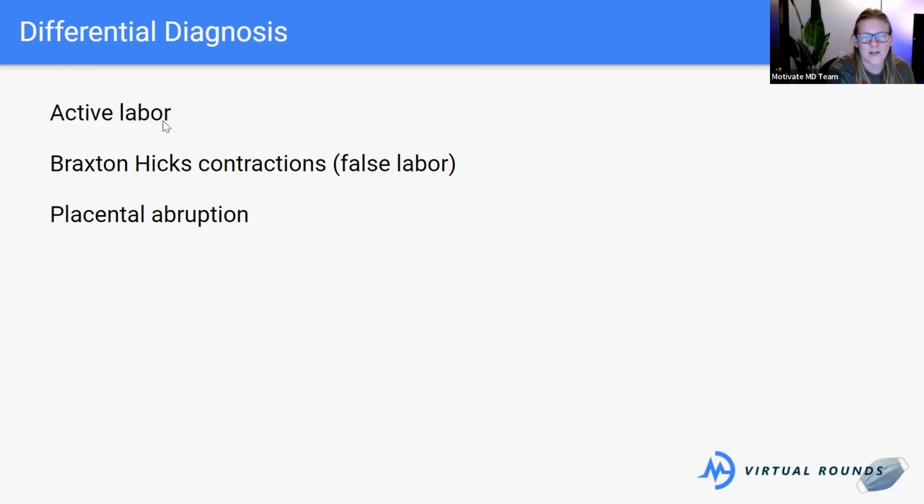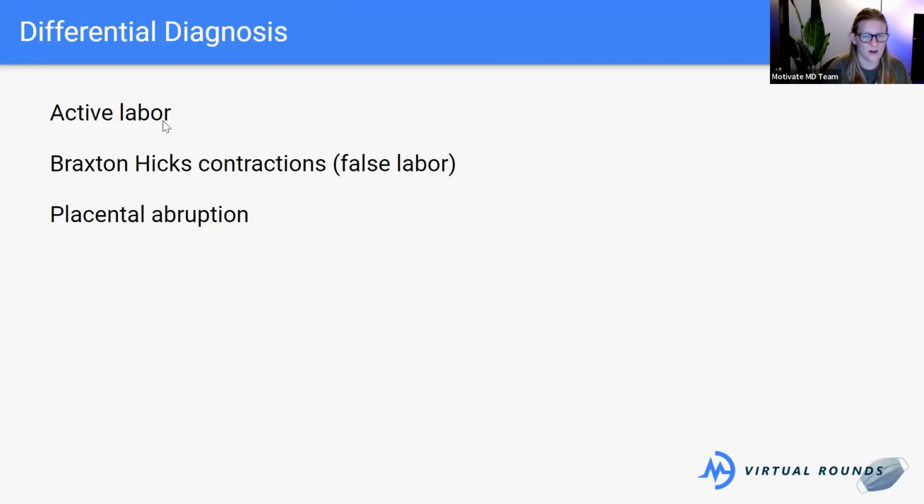And then again, prior to doing our exam and talking to her, one do-not-miss diagnosis with abdominal contractions is that you always want to make sure they're not having excessive bleeding or a lot of pain in between contractions, because that can be a sign of a placental abruption, where the placenta starts to separate from the uterine wall prematurely.